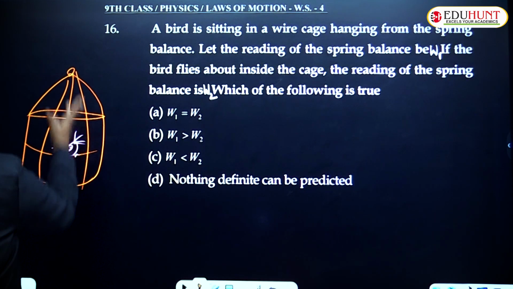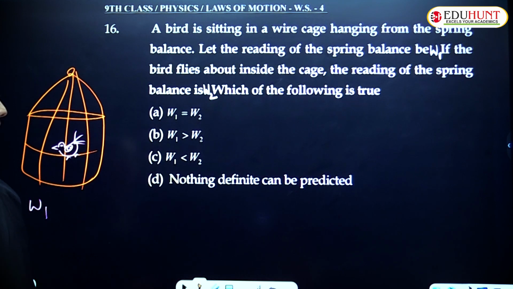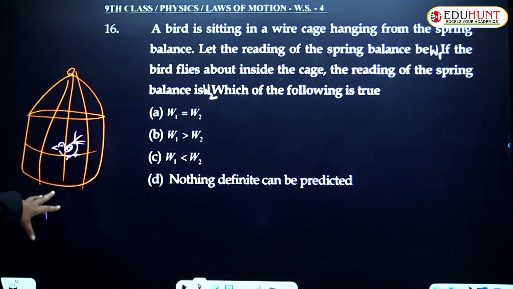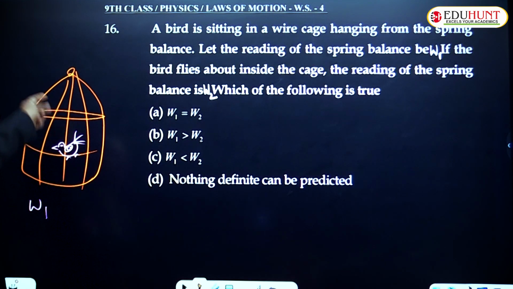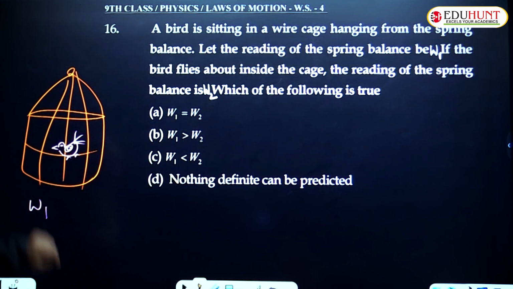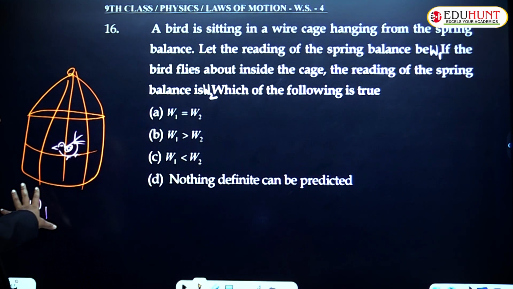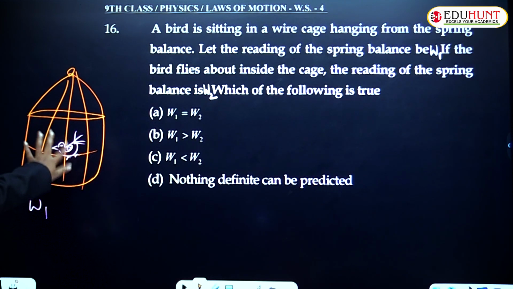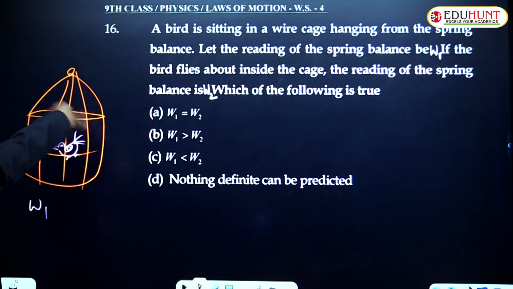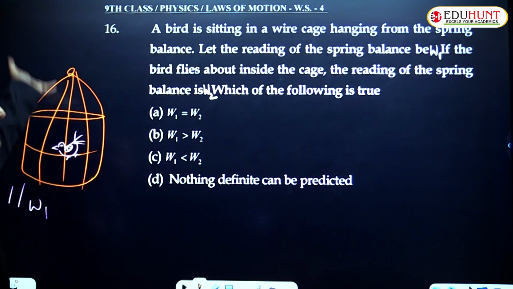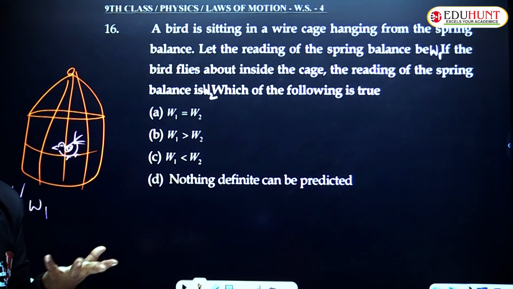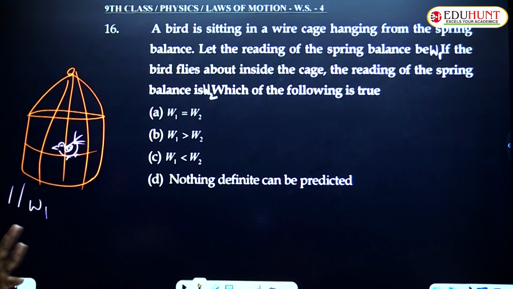So now what happens? The bird has flown. Okay. Which of the following is true? So earlier only the bird with the cage is there. Okay, the bird is sitting in a wire cage hanging from the spring balance. So the reading of the spring balance is W1 whenever the bird is simply on the cage. If the bird flies about inside the cage, that means the mass of the bird is not there, only the mass of the cage is acting on the spring balance.